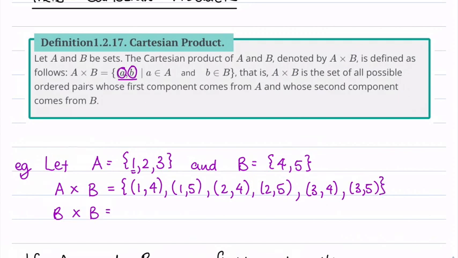So those are all our possible pairs of numbers where the first one comes from A and the second one comes from B. And just to do a quick check, we could also take the Cartesian product of B with itself, in which case our first element, if it's a 4, then we can have 4, 4, or we can have 4, 5, or we can have 5, 4, or 5, 5.